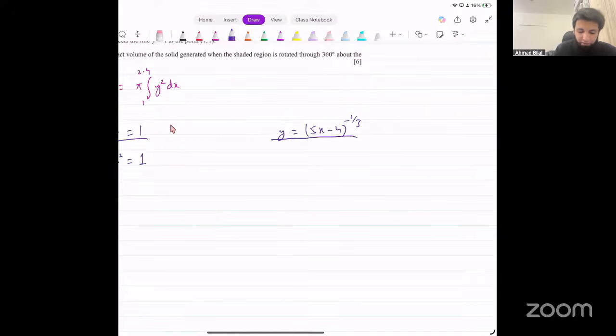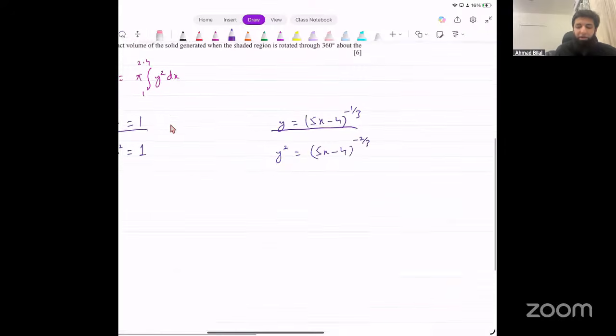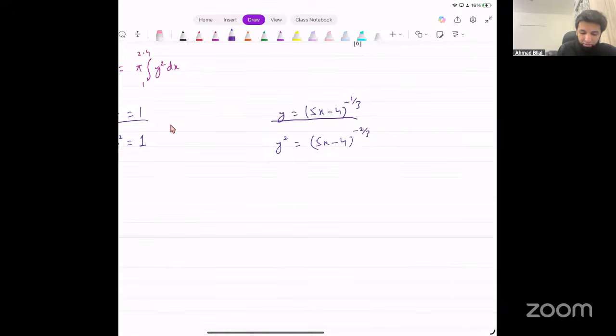Okay. Y squared is 1. In this case, y squared for the curve turns out to be, when we square both sides, (5x minus 4) raised to power negative 2 over 3. Apply the volume of revolution formula on both of them. If we apply that on 1, what does that give us? Pi into integration of 1 with respect to x.